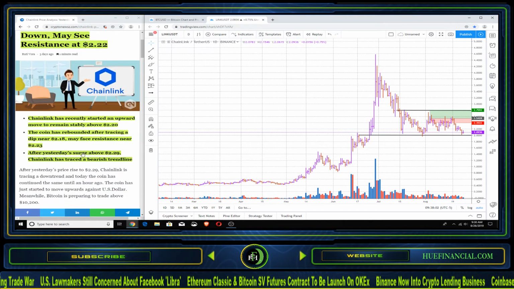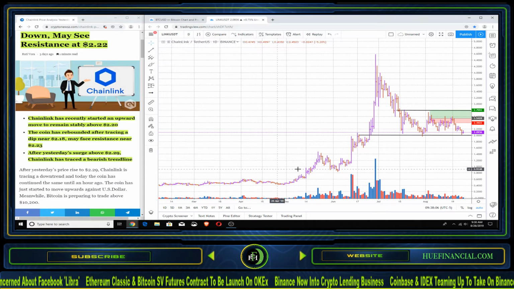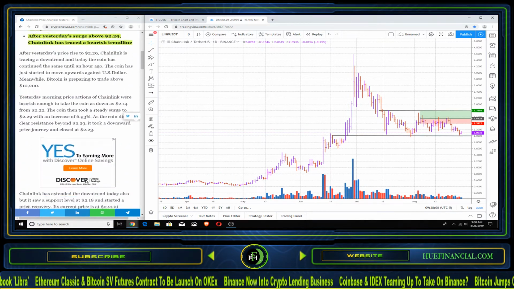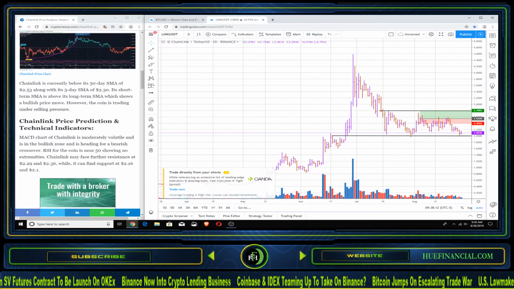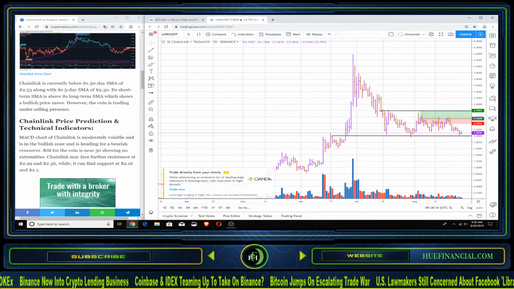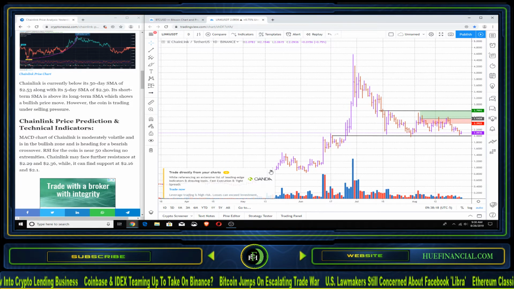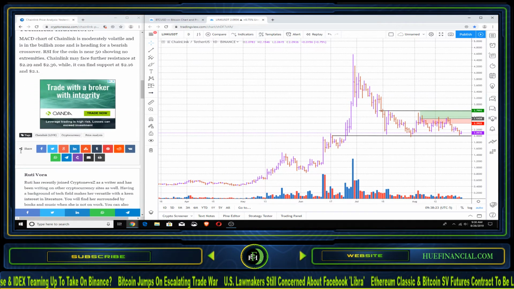Then after yesterday's surge above 229, Chainlink has traced a bearish trend line. So obviously this article is going into the bearish sentiment of the market in Chainlink, and we're going to show you precisely on the price chart why this seemingly looks to continue to move to the downside.